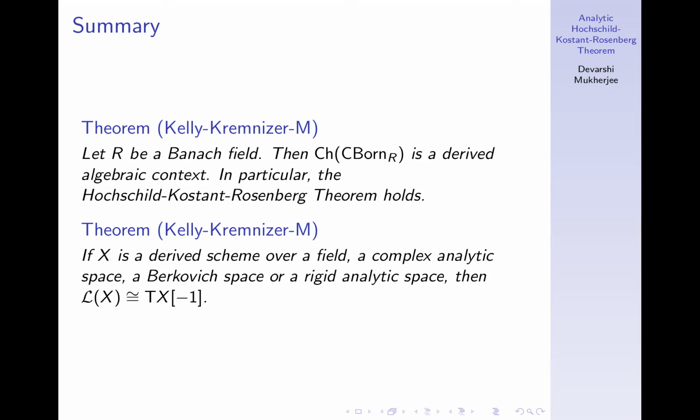Yes, so you get the same results as in the algebraic context, where you can replace simplicial commutative algebras with simplicial commutative bornological algebras. That's what I mean by, in particular, the Hochschild-Rosenberg theorem holds.